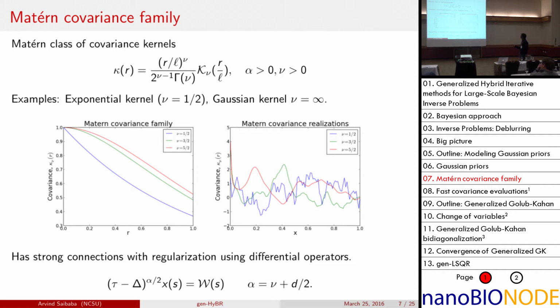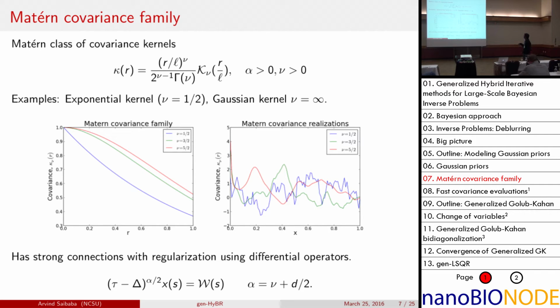Okay, so here's a plot of the covariance as a function of the radial distance, and as you can see, this covariance basically decays as r goes to infinity. But if you take samples from your distribution, here I'm choosing 3 different values of nu, going from a half, that's the exponential, and these are 2 different parameters of nu.